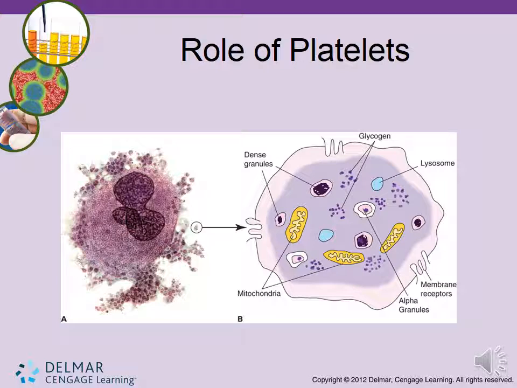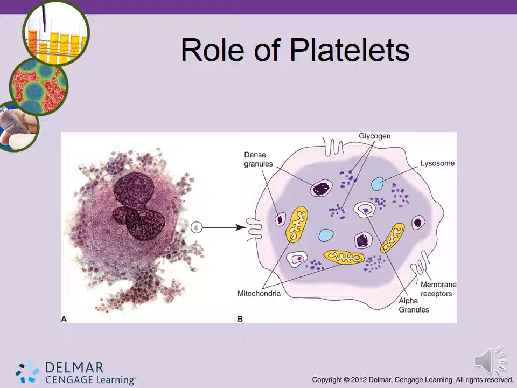Okay, so this is a figure diagram. It comes from your textbook, and it illustrates a megakaryocyte in box A. It's releasing a platelet, and the megakaryocyte is the name of the cell when it's found in the bone marrow. There are no platelets actually in the bone marrow. In the bone marrow, it's a megakaryocyte.